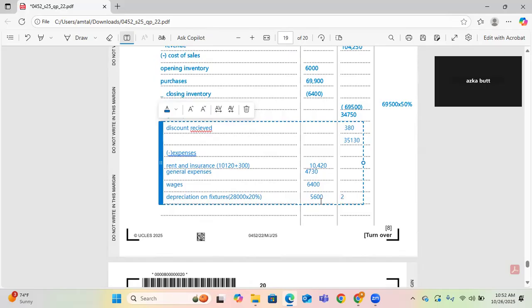This is equal to 27,150. We need to deduct that amount from this 35,130, so we will get the profit or loss for the year. The answer is in the positive form. This is 7,980, so 7,980 is basically your profit for the year.